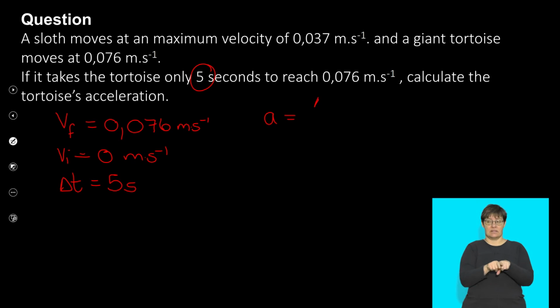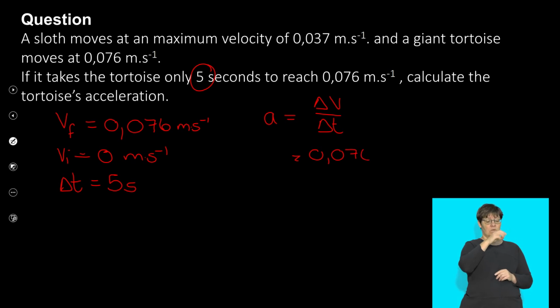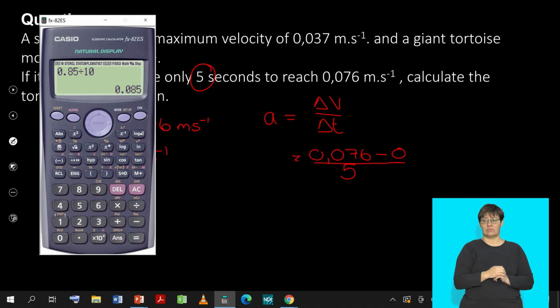We know how to do that now. Acceleration is change in velocity over change in time. So it's final minus initial divided by 5. So let's just go 0,076 minus 0 is still 0,076 divided by 5. Ooh, not minus, divide by 5.